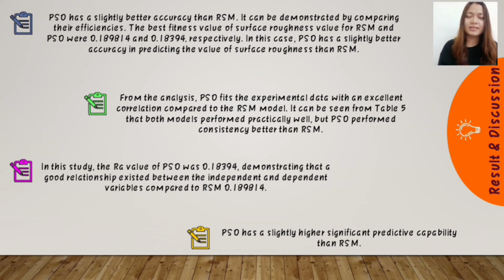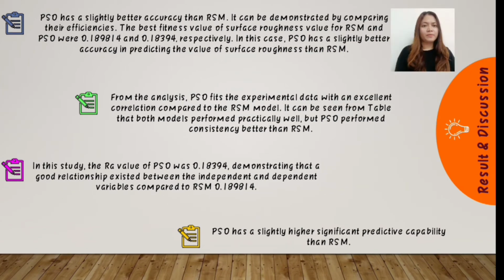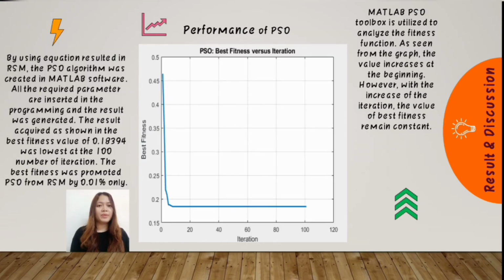So in this case, PSO has slightly better accuracy in predicting the value of the surface roughness than RSM. From the analysis, the PSO fits the experimental data with an excellent correlation compared to the RSM model. It can be seen from the previous table that both models perform practically well, but PSO performs consistently better than RSM.